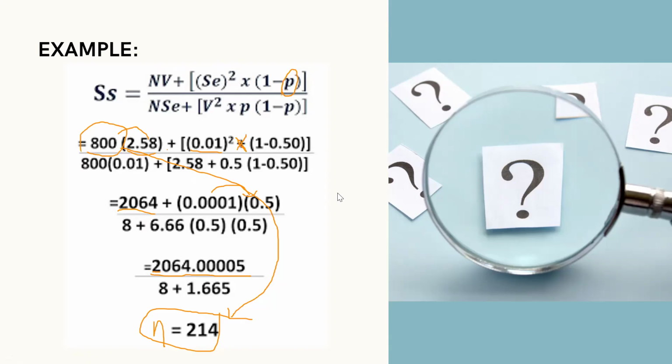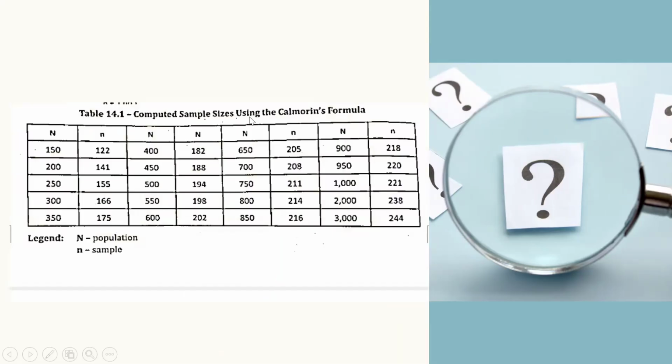So here, we have a summarized table for the sample respondents using the given formula. So here, Calmorin's formula, say for example, you have a population of 400, your ideal sample size is 180.